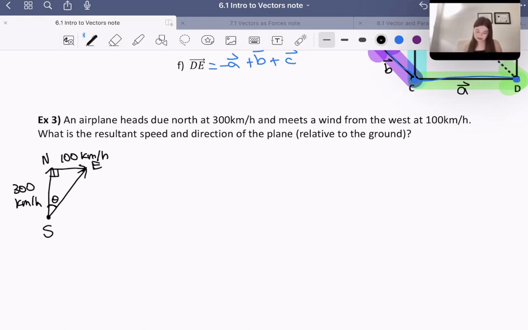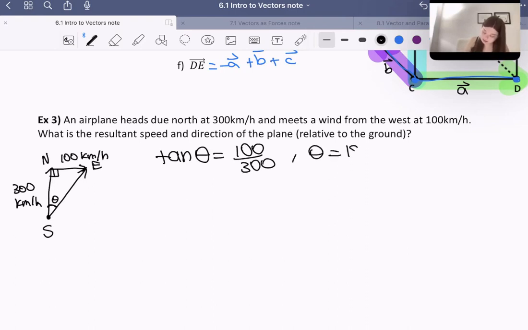Okay, so with that said, let's first find theta. So we know that tan theta is equal to opposite over adjacent, which is 100 over 300, or 1/3. Therefore, theta is equal to about 18 degrees. I'm rounding there to the nearest degree. Okay? All right.